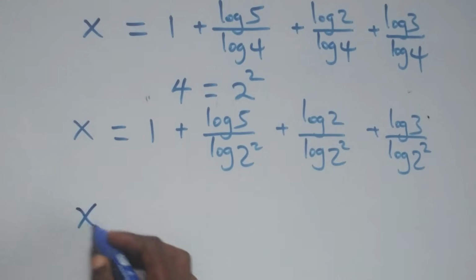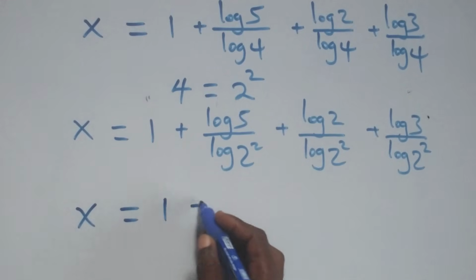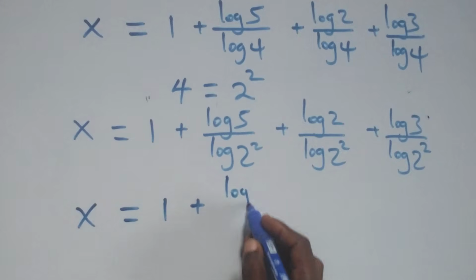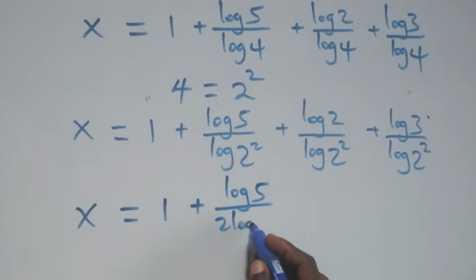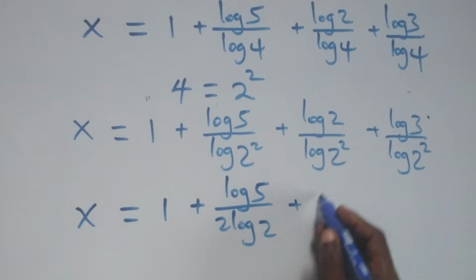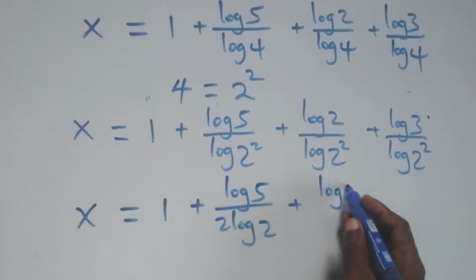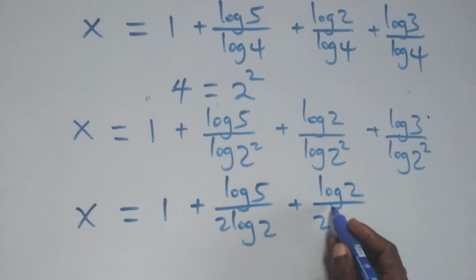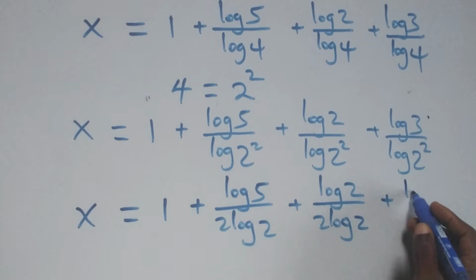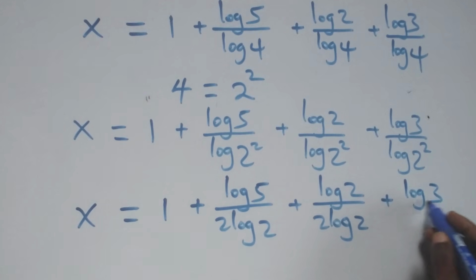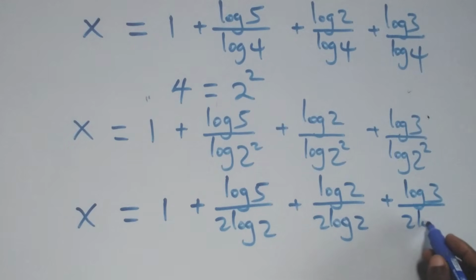Then when we apply the power law of logarithm, 2 comes there, also here, and we have x equals 1 plus log 5 over 2 log 2 plus log 2 over 2 log 2 plus log 3 over 2 log 2.